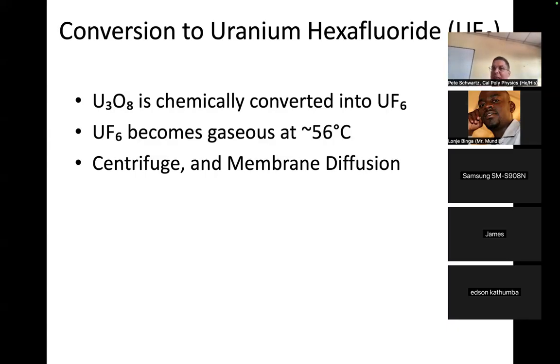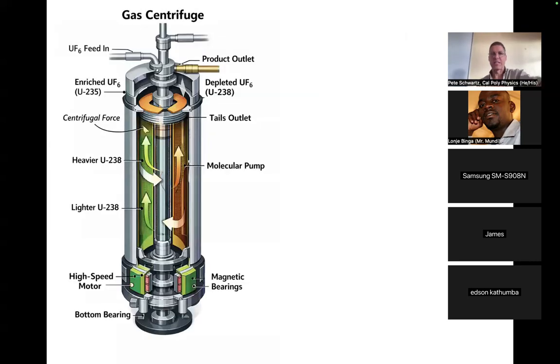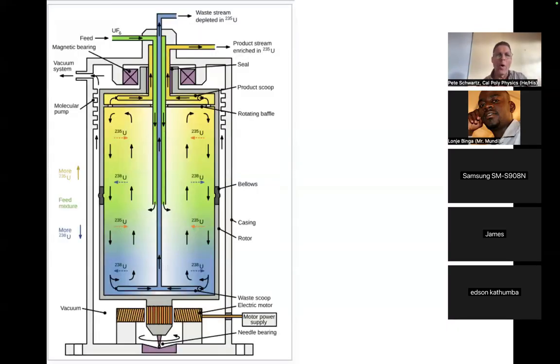And so they spin them very, very fast in this ultracentrifuge. If we look at this, this cylinder is spinning around very, very fast. Okay? And so what happens then?